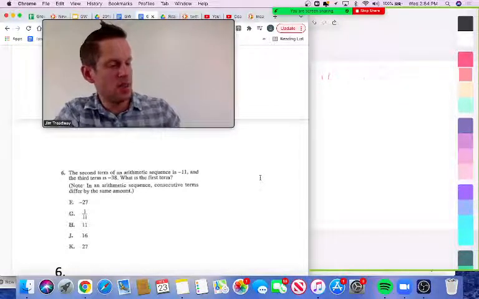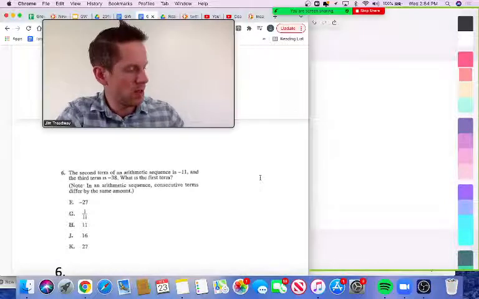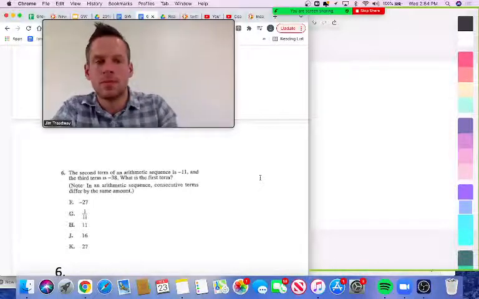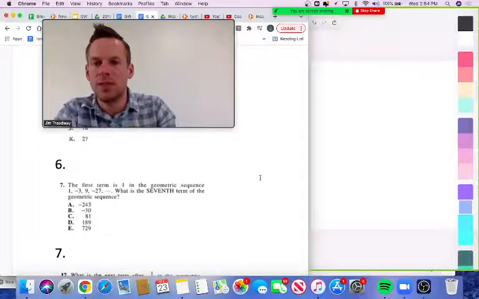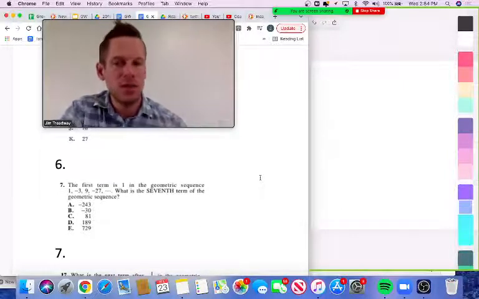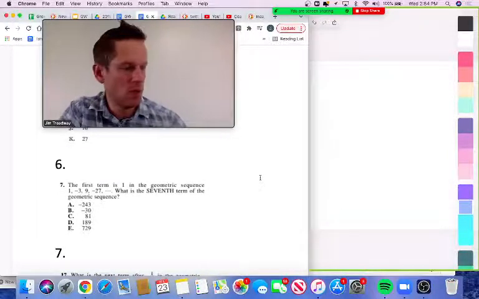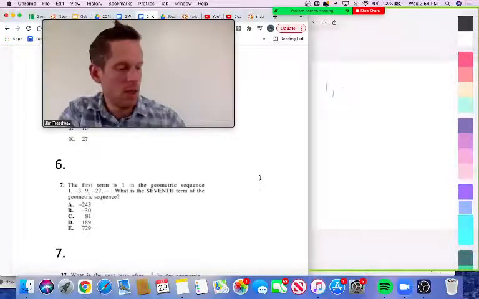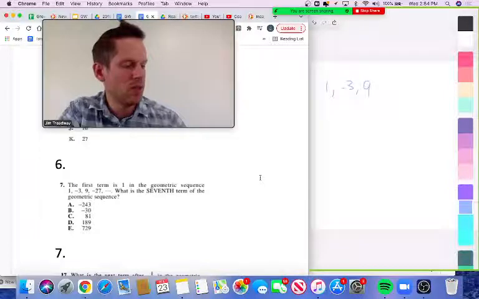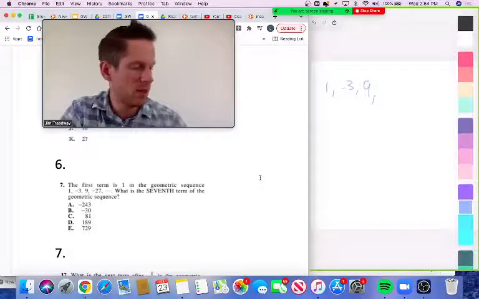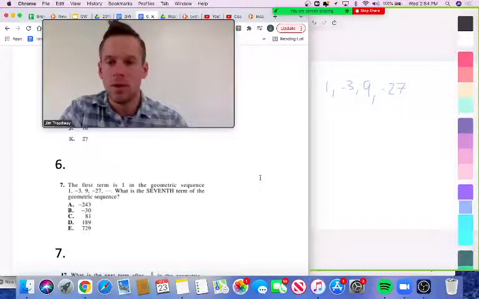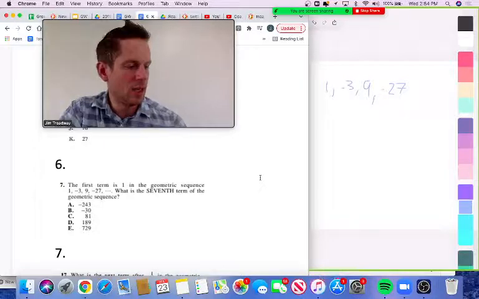Let's try a geometric sequences question here. Question 7 here. The first term in a geometric sequence is 1, then 1, negative 3, 9. So it looks like they're multiplying by negative 3 every time. And so that is the 1, 2, 3, 4th term.